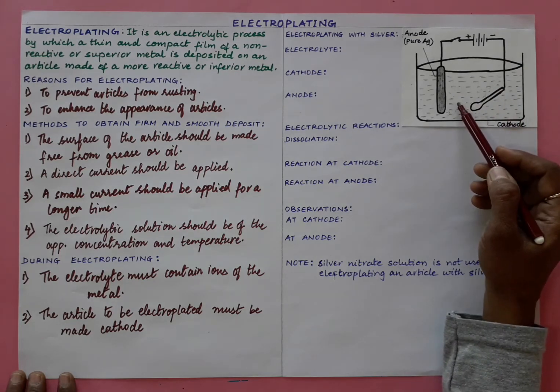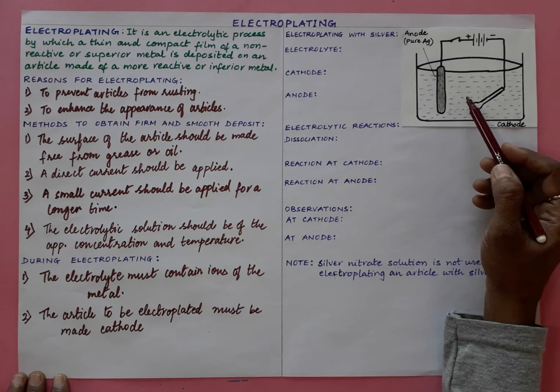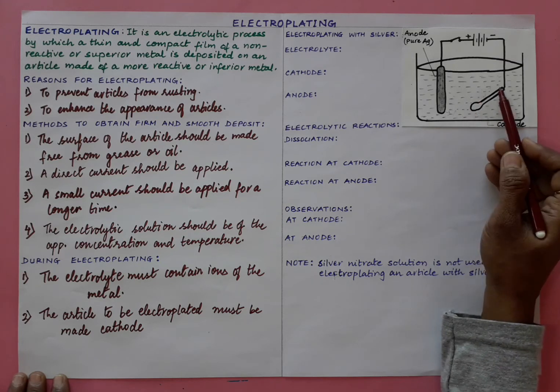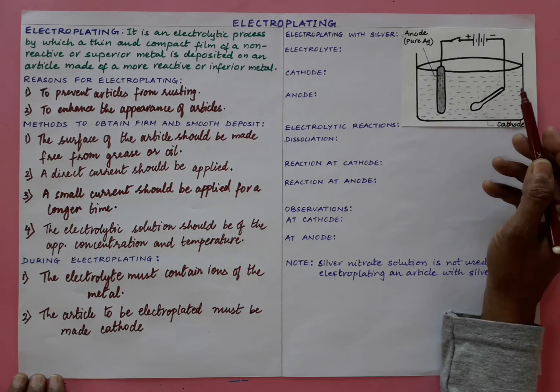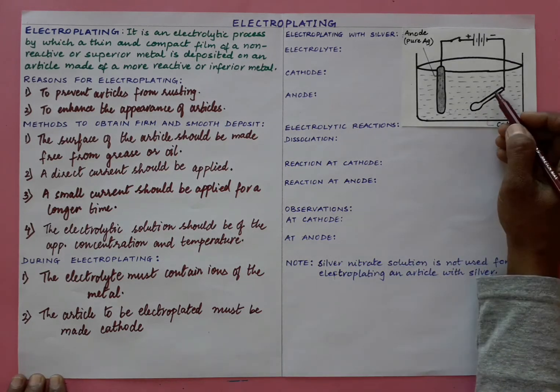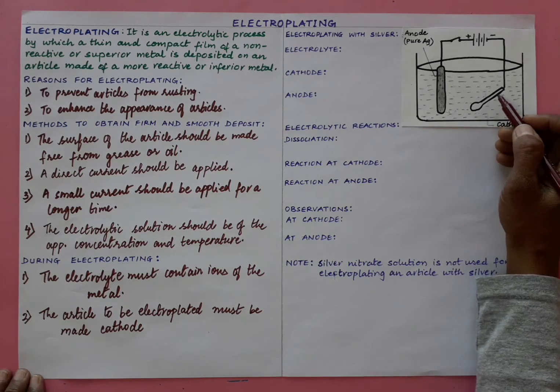So positive ions are the ions of the metals. Those metallic ions will turn into neutral atoms and will get deposited on the cathode. That is why the article to be electroplated must be connected to the cathode.